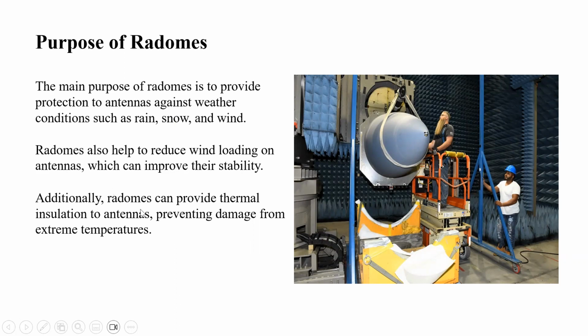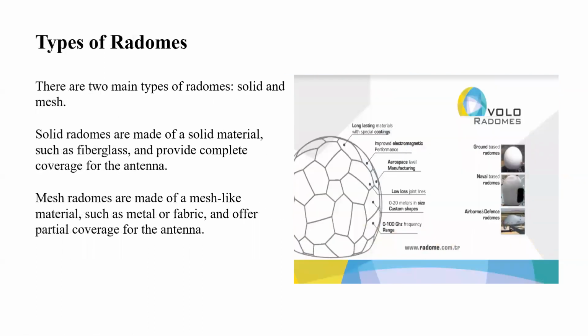Additionally, radomes can provide thermal insulation to antennas, preventing damage from extreme weather conditions and temperature. So this is the purpose and use of the radomes. As we see in this picture, the radomes are installed in this way.